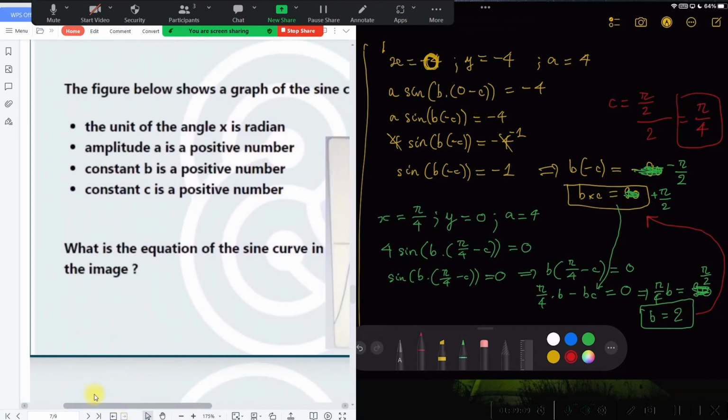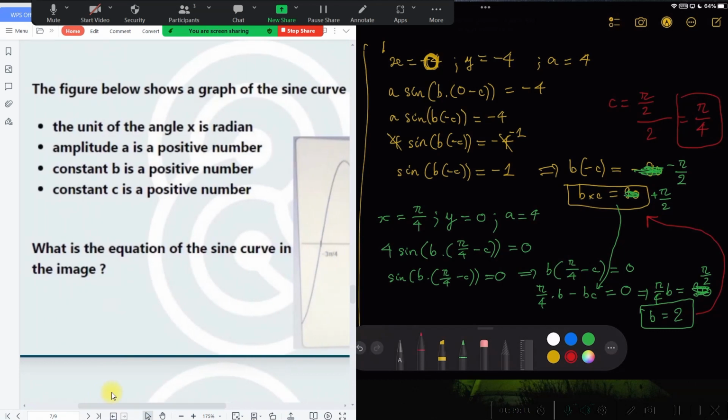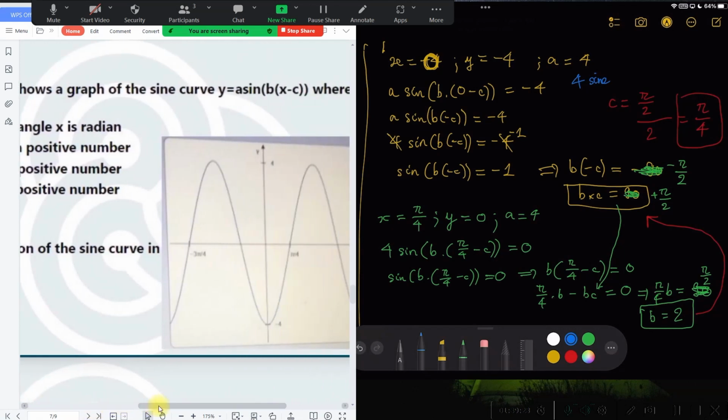We found ABC already. So what is the equation of a sine curve image? It will be 4 sine B là bao nhiêu? 2 and then x minus c, it's pi divided by 4. Close.